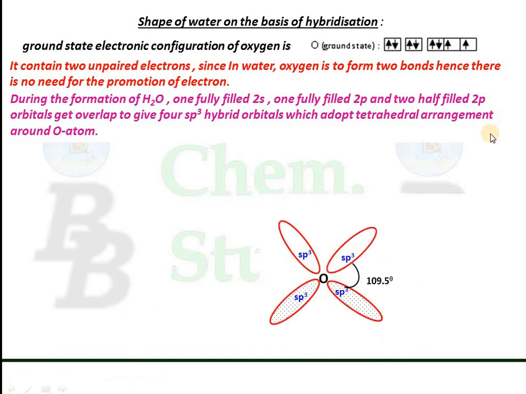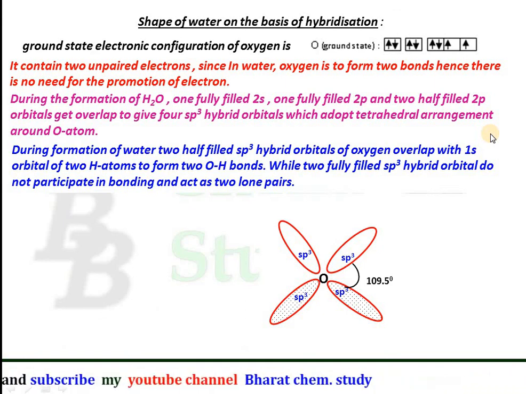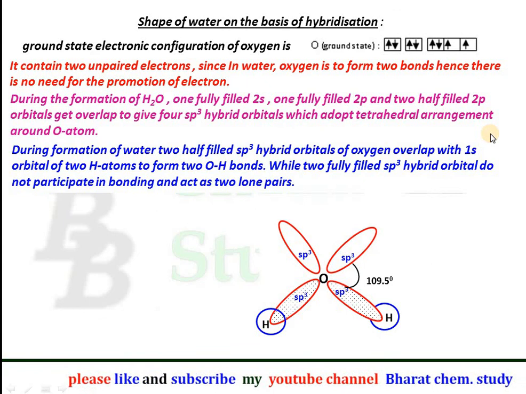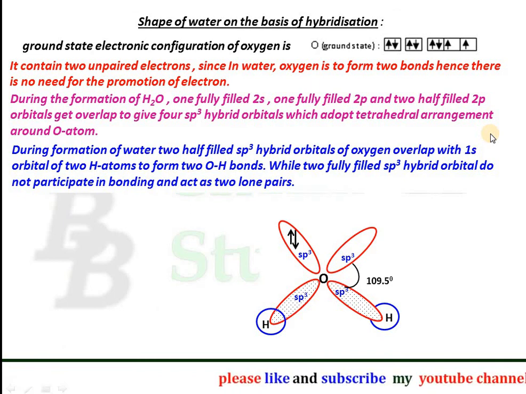Now these 4 sp3 hybrid orbitals adopt tetrahedral arrangement on the oxygen atom as shown, and during the formation of water, because in bonding only half-filled orbitals will participate, 2 half-filled sp3 orbitals of oxygen atom overlap with 1s orbitals of 2 hydrogen atoms to form 2 O-H bonds as such, while 2 fully filled sp3 hybrid orbitals, because they are fully filled, do not participate in bonding and will act as lone pairs.